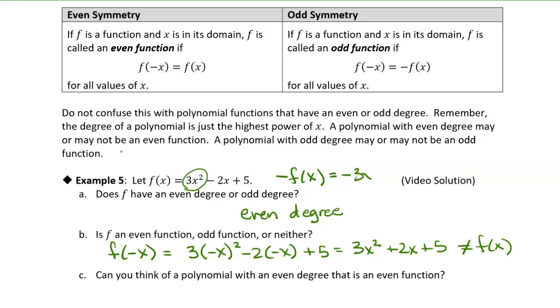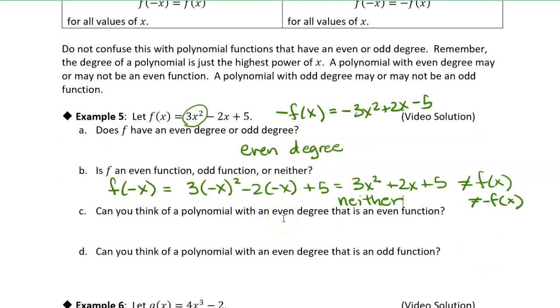So minus 3x squared plus 2x minus 5. That would be minus f of x. So it's also not equal to minus f of x. So the answer here is neither. It's neither an even nor an odd function, even though it has an even degree.